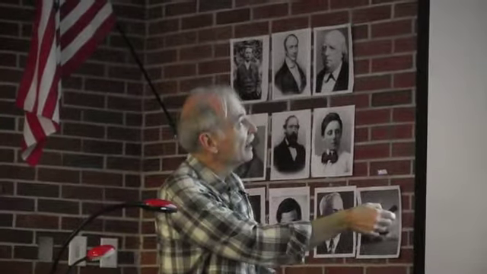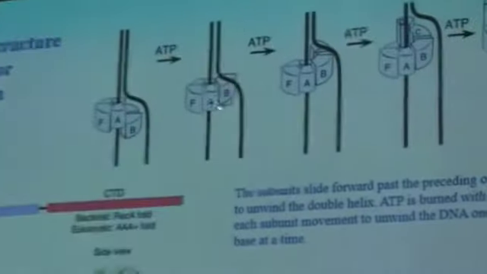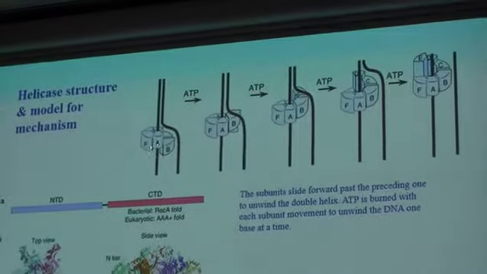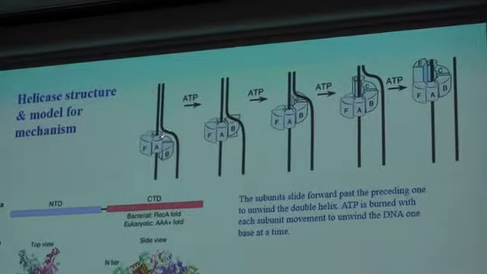It's a ring with a cut, and the 2 ends are not even anymore. One is up above the other one, so that when you tighten down, you'll get some back resistance. It's a split ring here, and what happens is it burns ATP, and the subunits slide past each other into a forward position.